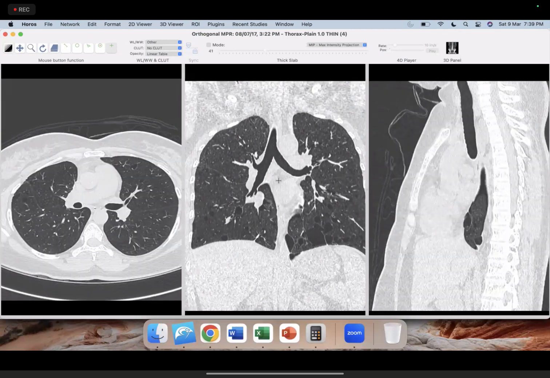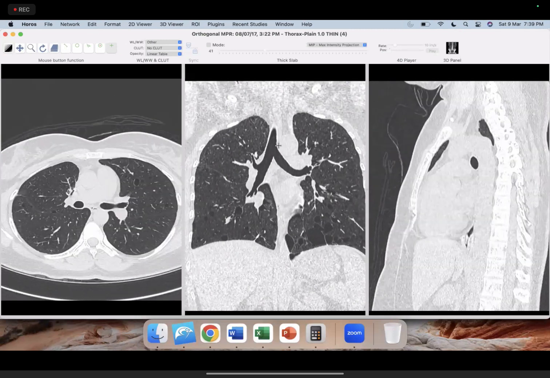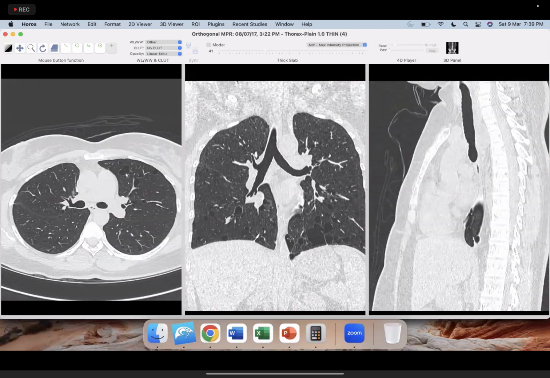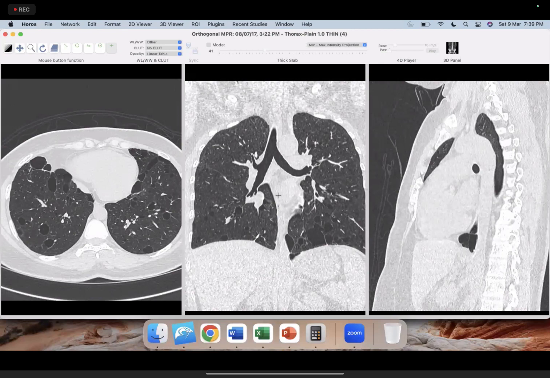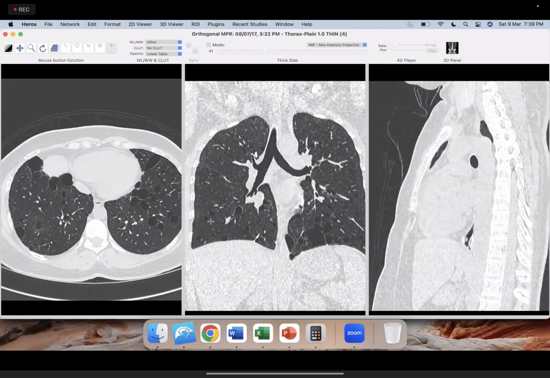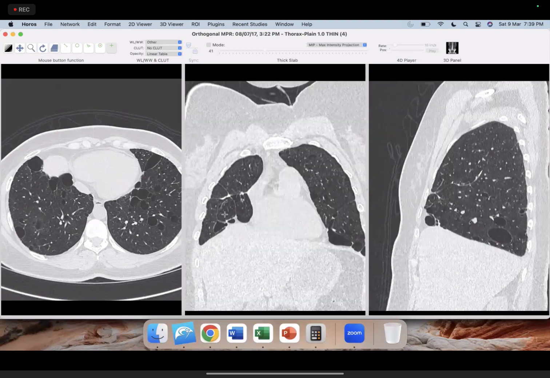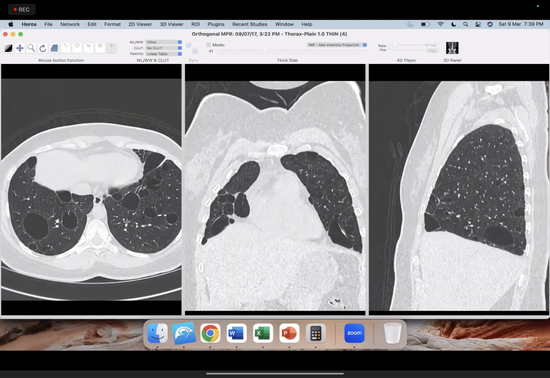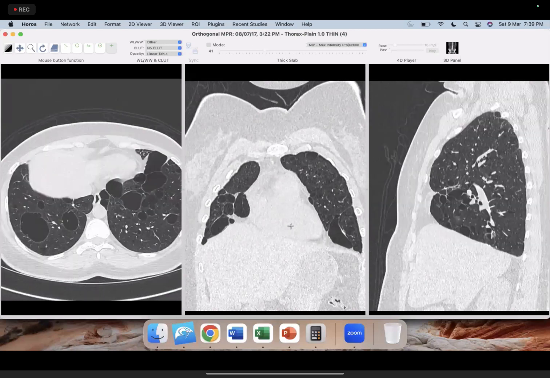Now, what do we do further once we see cysts? First, we take note that this patient is a female, right? Then what about the cysts? Cysts are showing basal predominance. Plus, if you can see, there is a costophrenic angle involvement also. And most of the cysts show this homogeneous round shape with perivascular distribution. So this is in a middle-aged female.